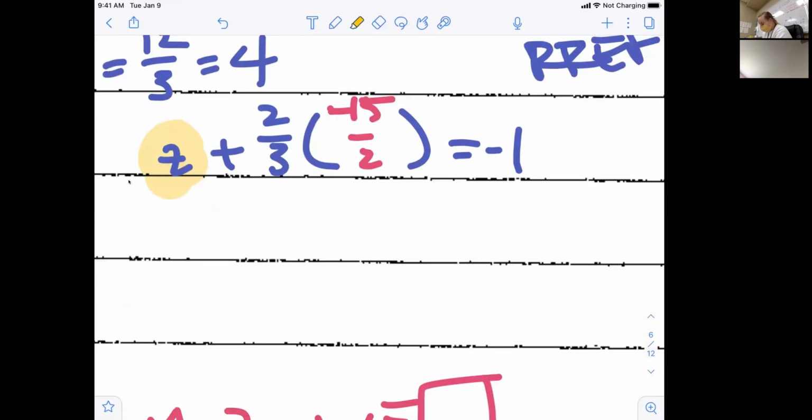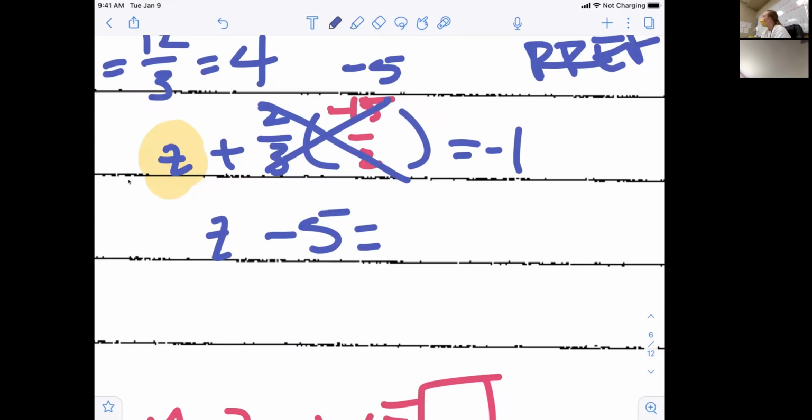2 over 3 times negative 15 over 2. I've got a 2 I can cancel out. 3 and 15 have a common factor of 3, so I have negative 5. So it's essentially z minus 5 equals negative 1. You're welcome to do those as decimals or whatever the whole way through.